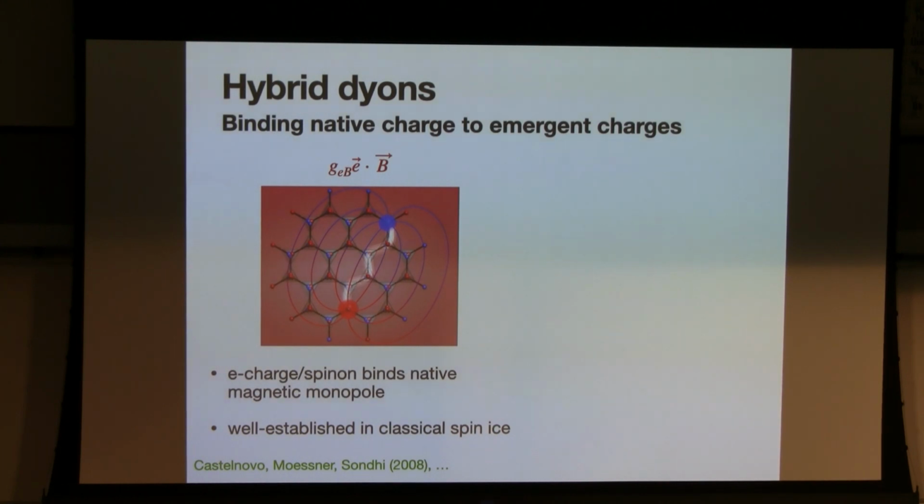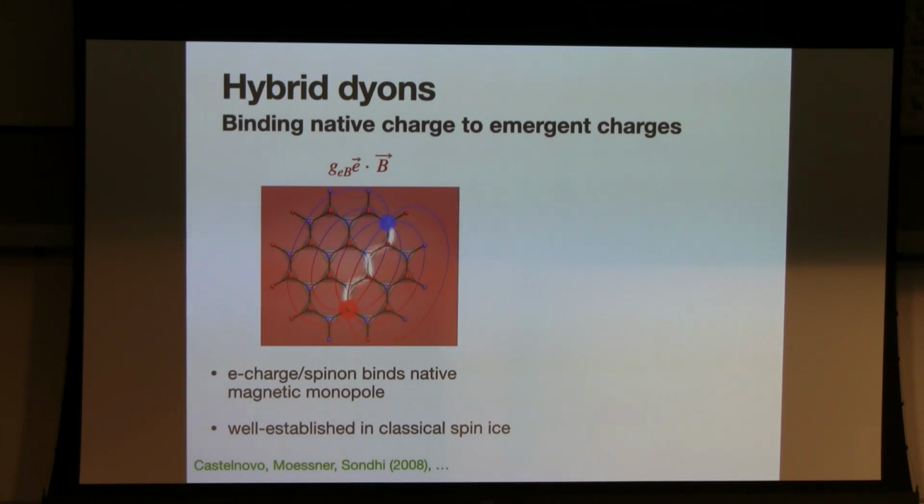Well, what this says is that an honest magnetic field couples to spin. Okay? Nobody's surprised. And at long wavelengths, it couples to this emergent electric field because that is essentially the coarse-grained spin field.